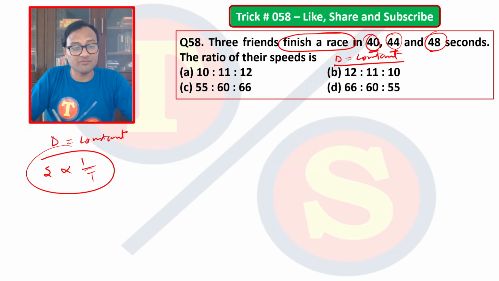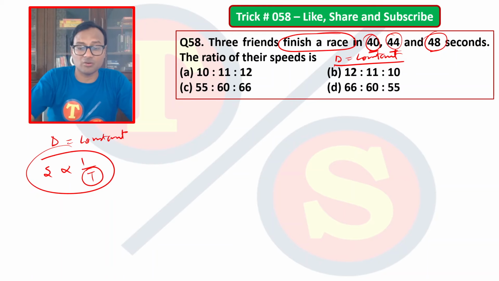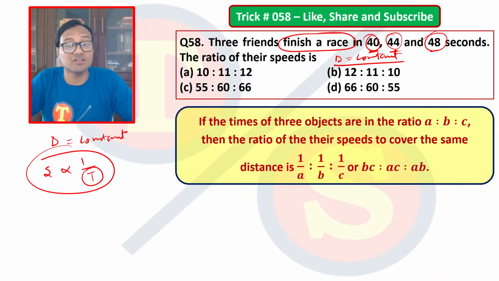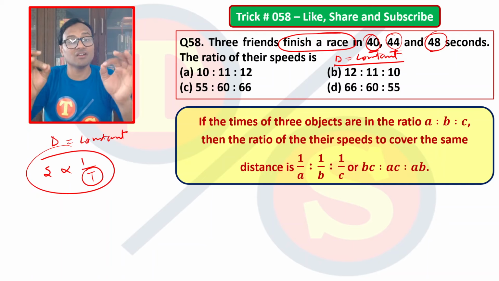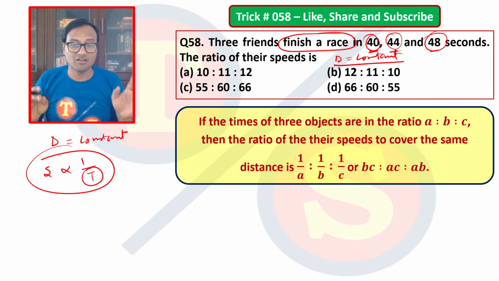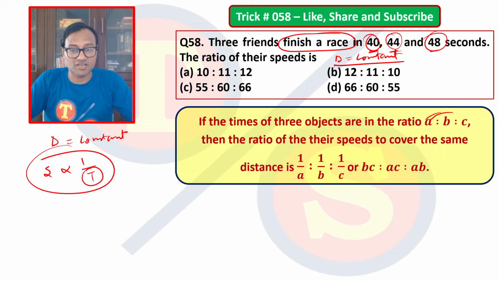Meaning if I have the ratio of times, then the ratio of speeds can be calculated by taking their inverse, their reciprocal. So if the ratio of the times taken by objects to travel the same distance is a is to b is to c, then the ratio of their speeds will be 1 upon a is to 1 upon b is to 1 upon c.